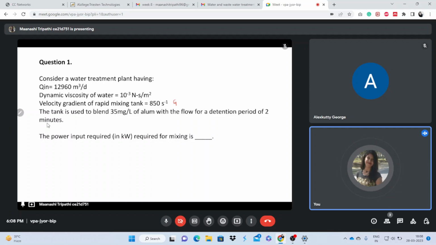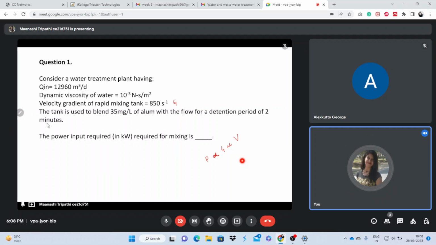So the input power required for mixing, we know the formula of power. I'm not writing the whole formula, but it is related with G, mu, and of course the volume. So I am writing here proportionality constant.